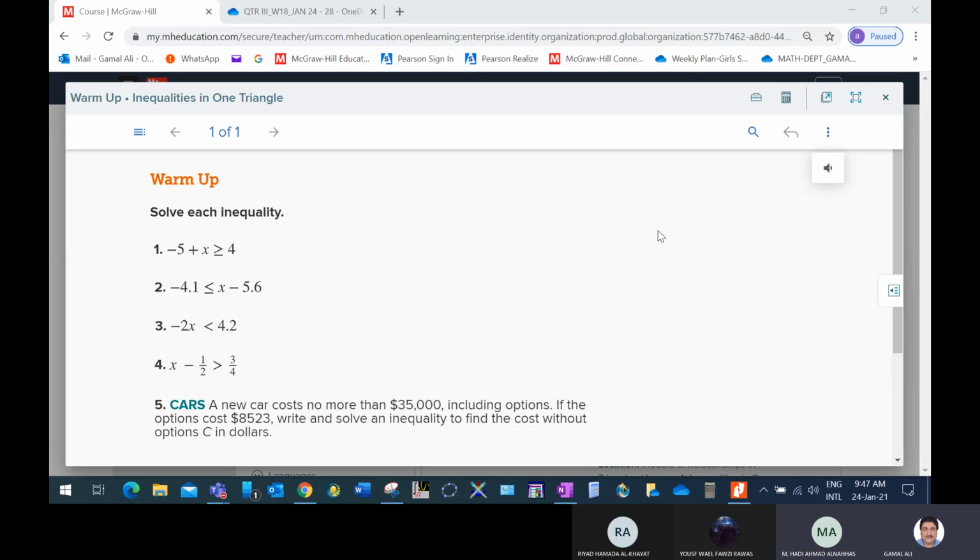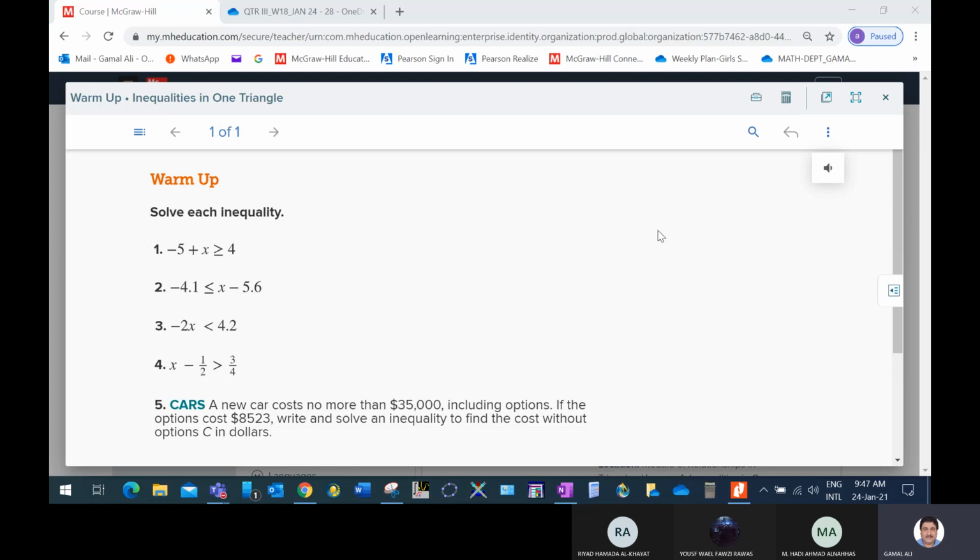What are the properties of the inequalities? You have to know that. As you know, the properties of the inequalities are addition, subtraction, like the equations, and multiplying and division.